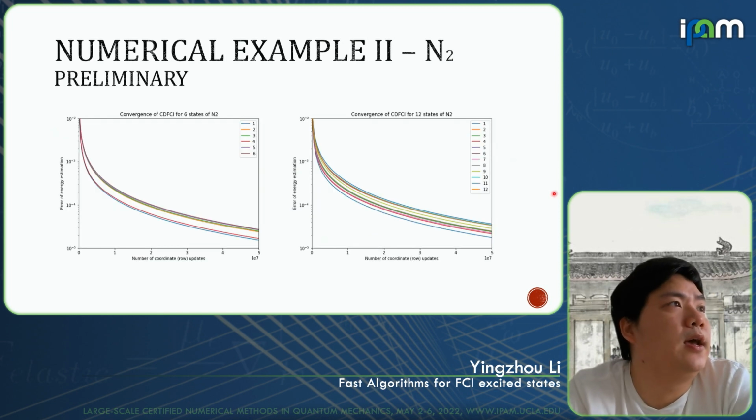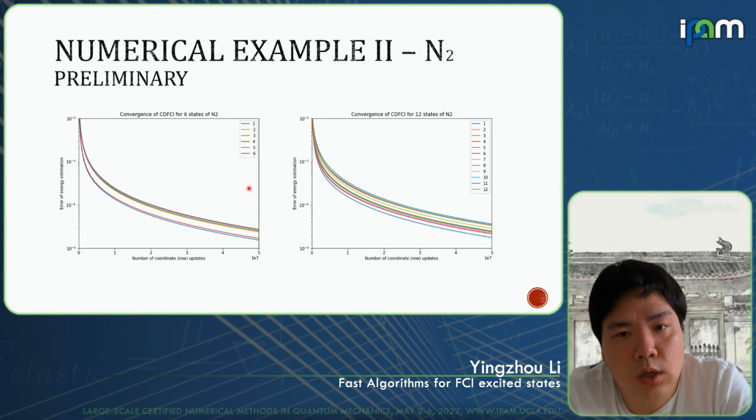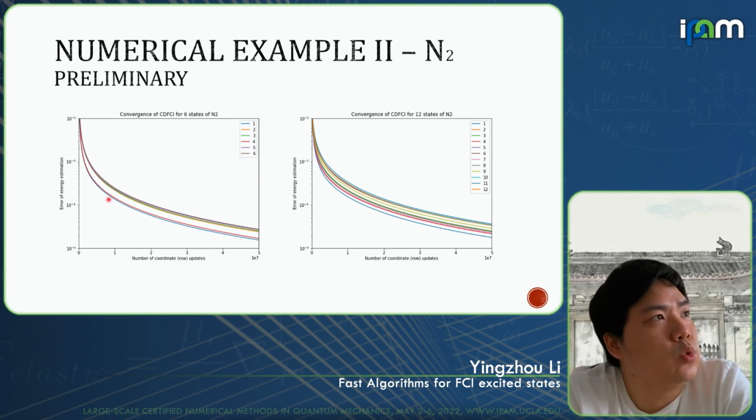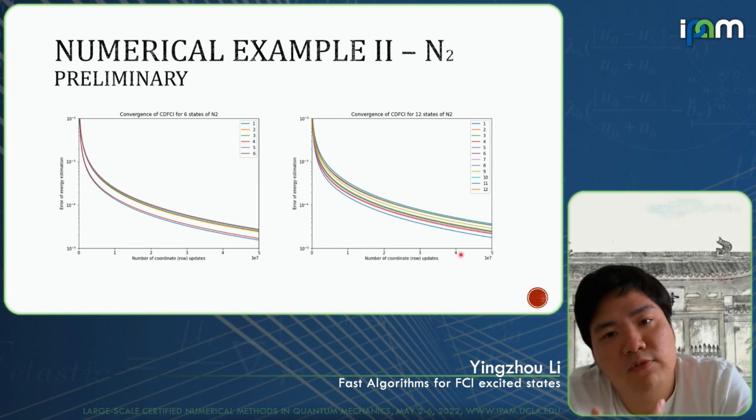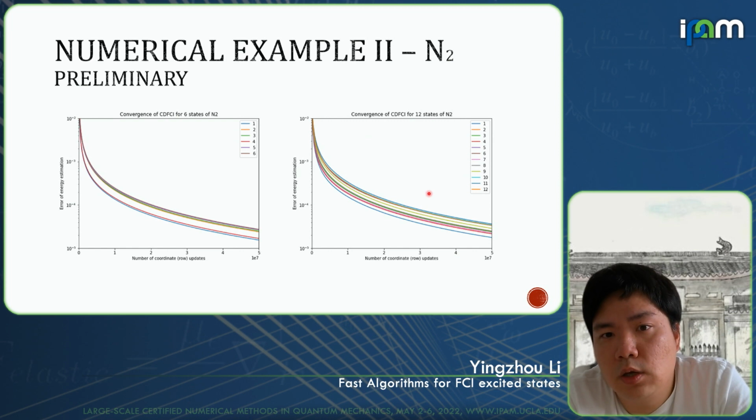And if we extend such calculations to excited states, this is what we found for the nitrogen dimer. This is for 6 states, and this is for 12 states. The reason I show them here, compared to the water molecule, is that we do not see the bad 12th eigenvalue convergence here.